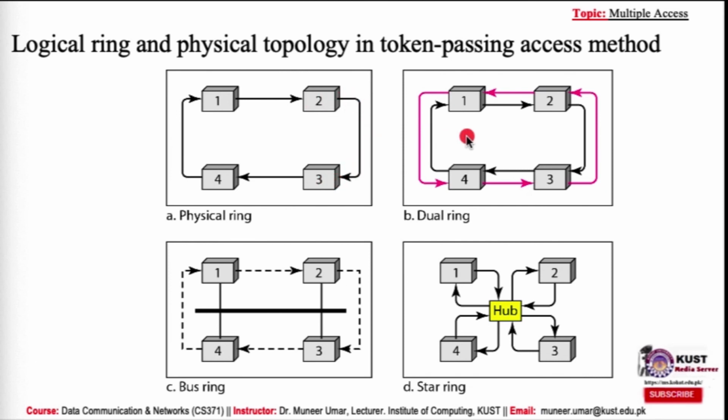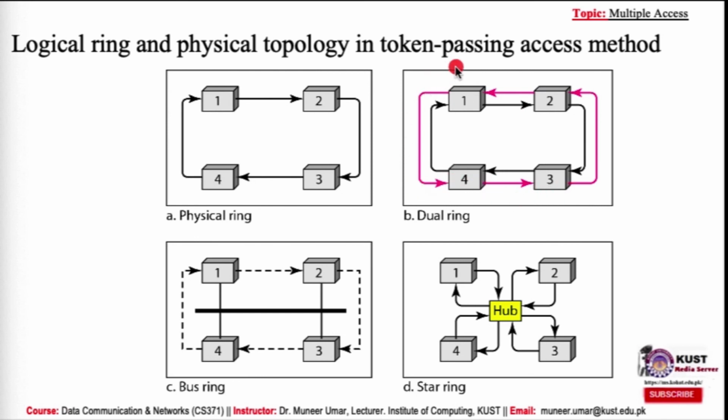We can have a dual ring topology in which we use one auxiliary ring in the reverse direction. The second ring is for emergencies only. If one of the links in the main ring fails, then this auxiliary ring will be used.